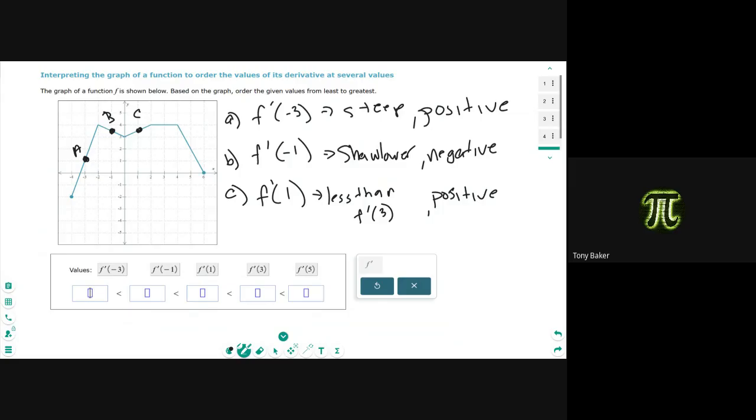All right, let's look at f prime of 3. What about this one? So that goes back to what he said. When you're saying constant, we're comparing it to something else, right?